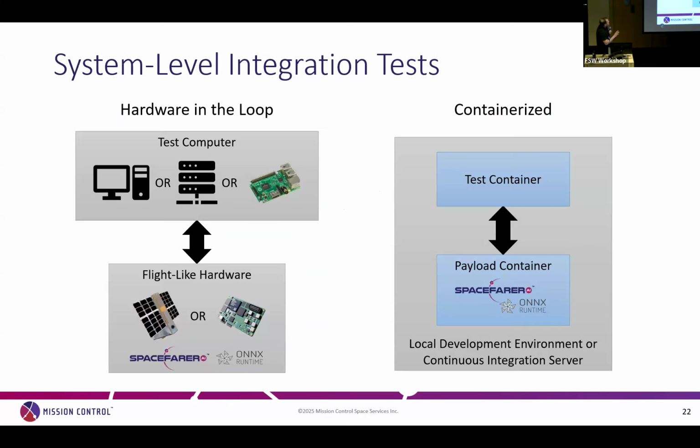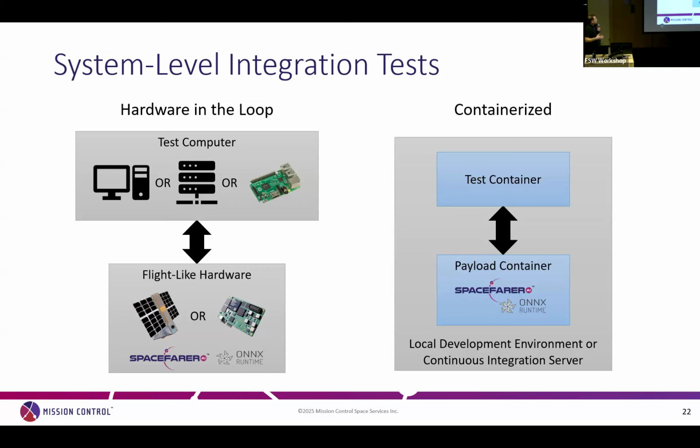I'm going to talk a little bit about system level tests. So contrasting with application level, at the system level you're really testing a box, like running your software on some hardware, ideally some flight representative hardware, and you'd have a test computer running these behave scenarios.